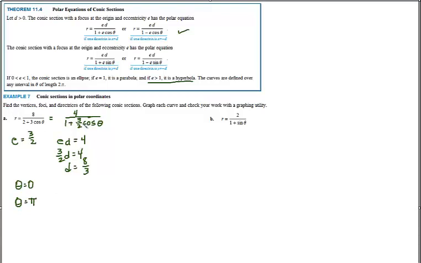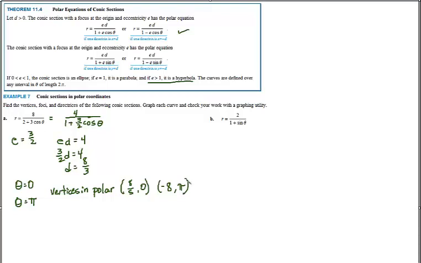When you plug a 0 in and do your computation, you will get that the polar coordinates for the vertices are 8/5, 0, and 8, pi.